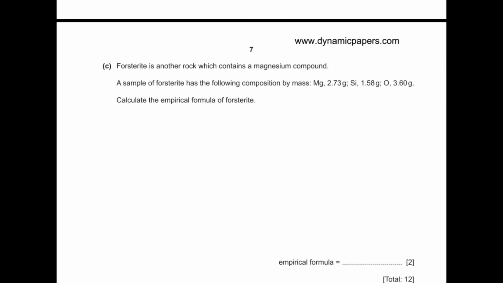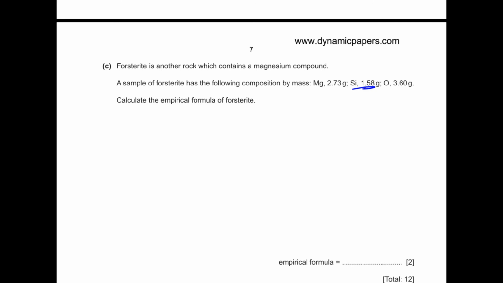Question C. Forsterite is another rock which contains a magnesium compound. A sample of forsterite has the following composition by mass: Mg 2.73 grams, Si 1.58 grams, oxygen 3.6 grams. Calculate the empirical formula of forsterite.